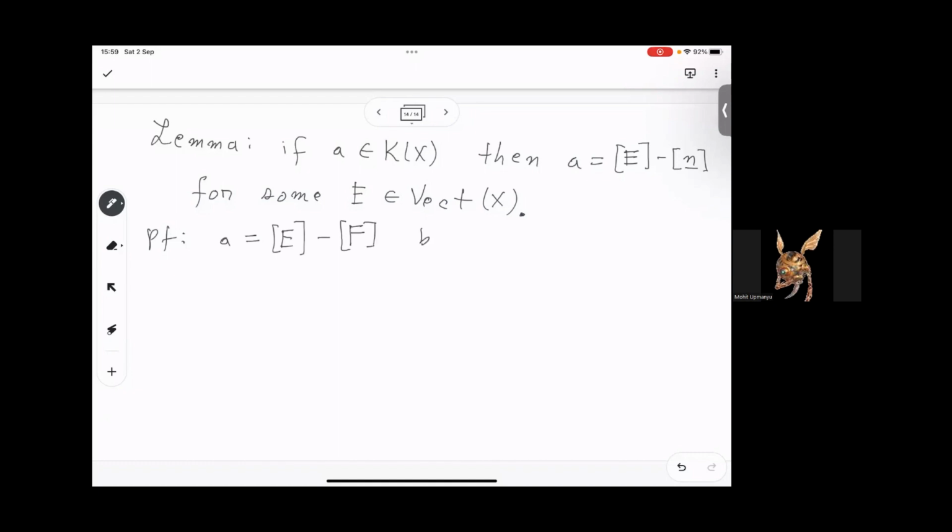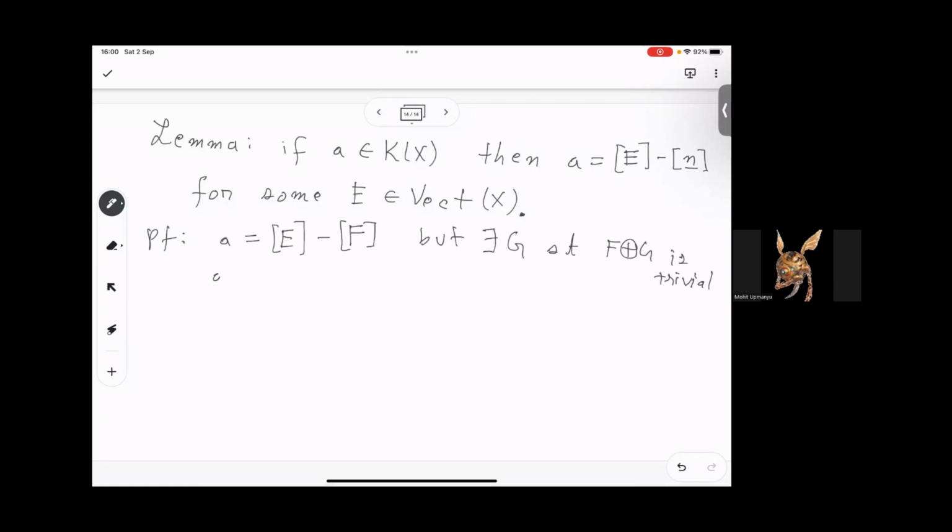But now we appeal back to the things we proved via the Grassmannian. We know that there exists some vector bundle G such that F direct sum G is trivial. We have proven this before.